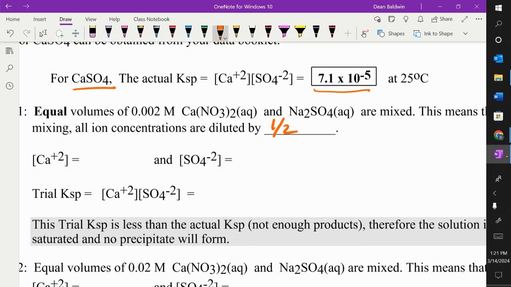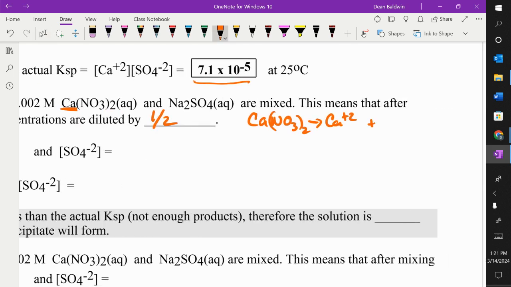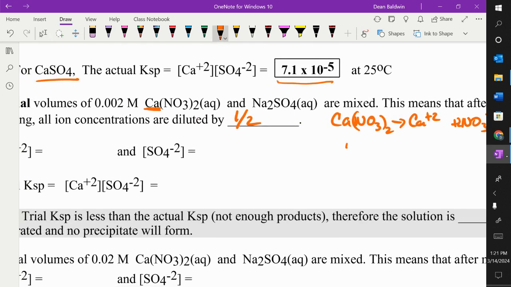which means calcium concentration, we can write it out here if you want. Calcium nitrate goes to calcium and 2 moles of nitrate, but we don't really care about the nitrate. Initially, it's 0.002.